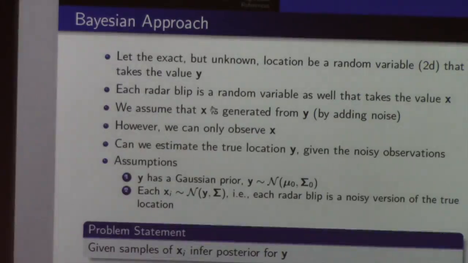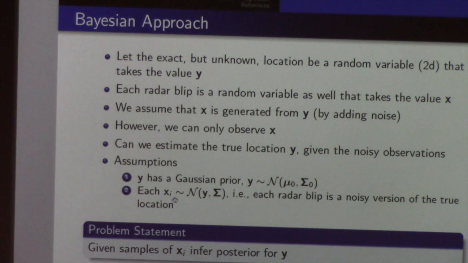So you can do that. And then what you assume is that each observation x that you make is a normal distribution centered at y with some covariance matrix. This encodes the error in the sensor. So x_i is generated by taking y, the true location, and adding some noise.